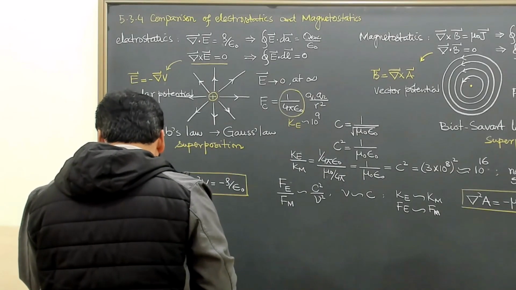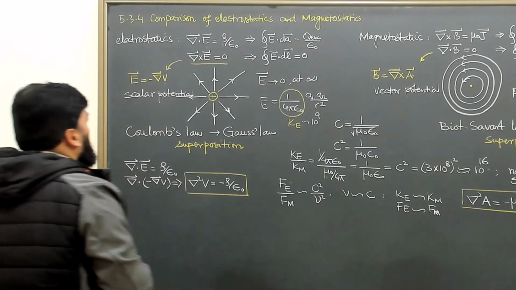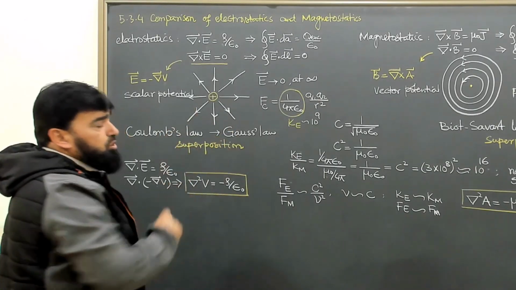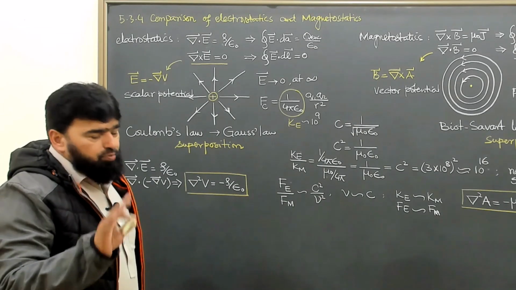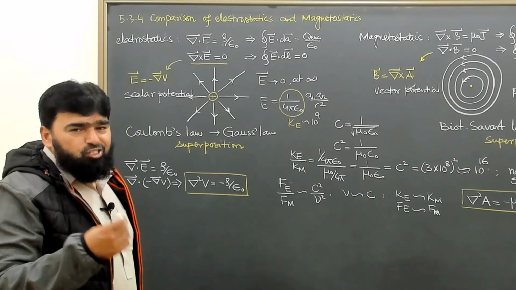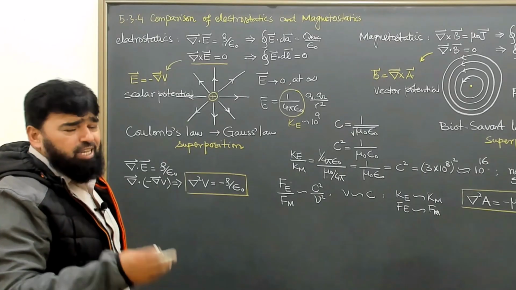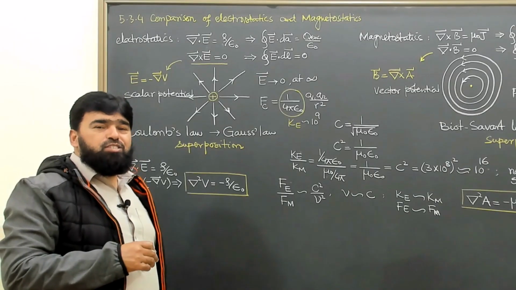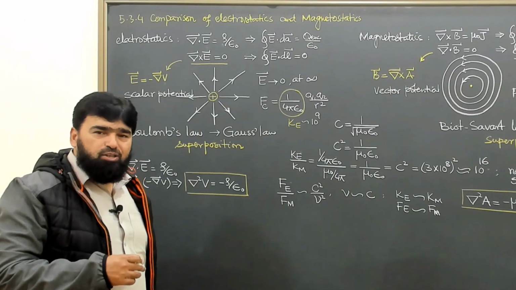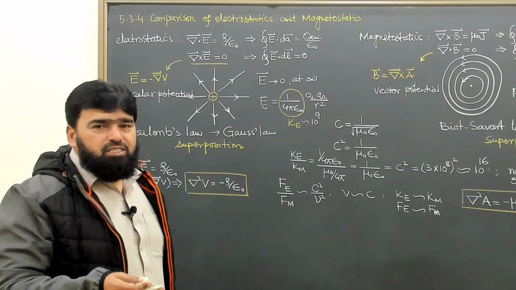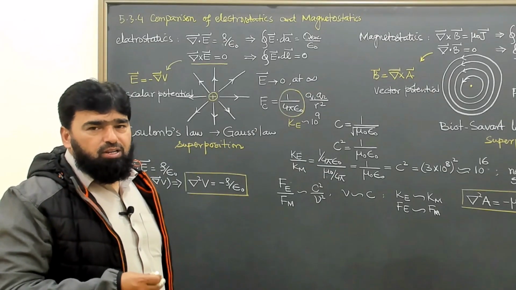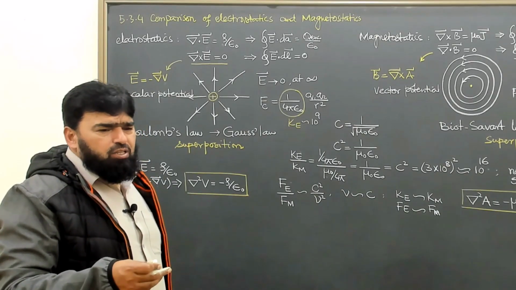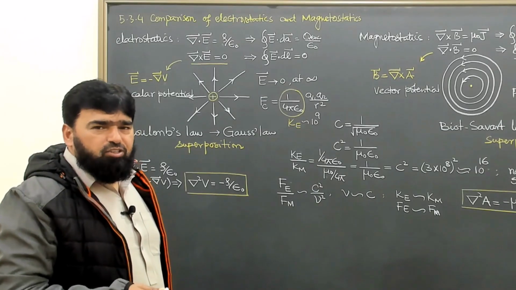Now when we consider the sources of the two, here the source is charge, there the source is current. We will not go into the situation that current is charge per unit time, which means again it is charge. But for the sake of keeping the two different, like electrostatics and magnetostatics, because the reality is that there is nothing called magnetic field or magnetic induction, it is all the varying electric field.